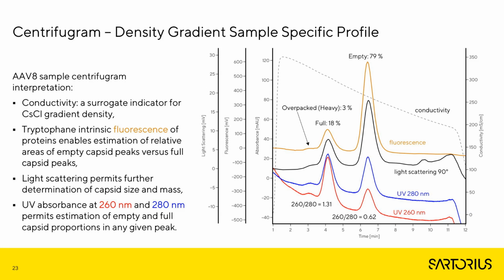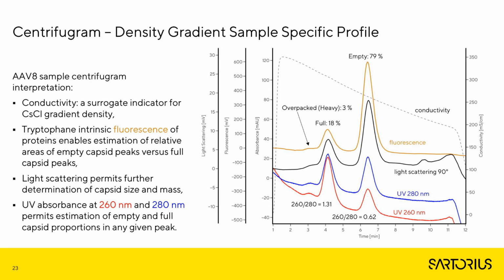After performing this profiling, we obtain a so-called centrifugram, which is a density gradient sample-specific profile. Basically, this centrifugram resembles very closely the chromatogram that we already discussed above.